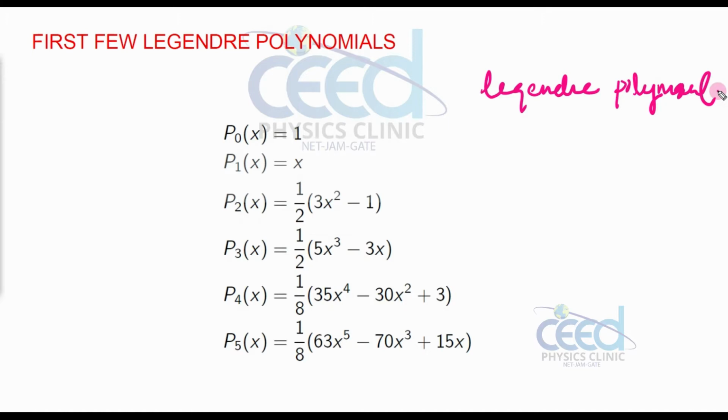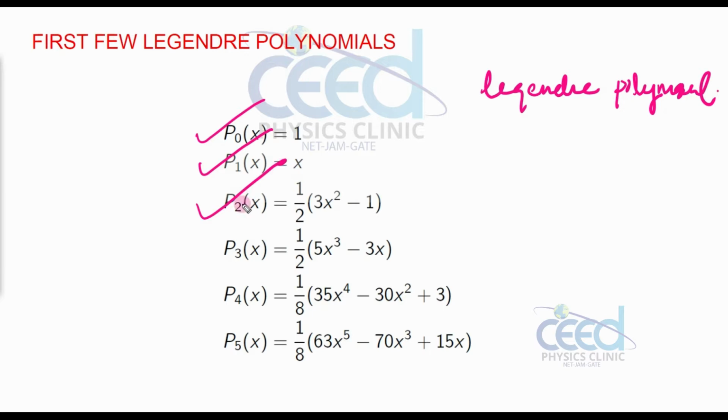Based on the Rodrigues formula, generating function and also using recurrence relations, we can derive these values of P0 of x, P1 of x, P2 of x and so on. So we have found all these values in the previous lectures. I recommend watching those videos before coming to this session.